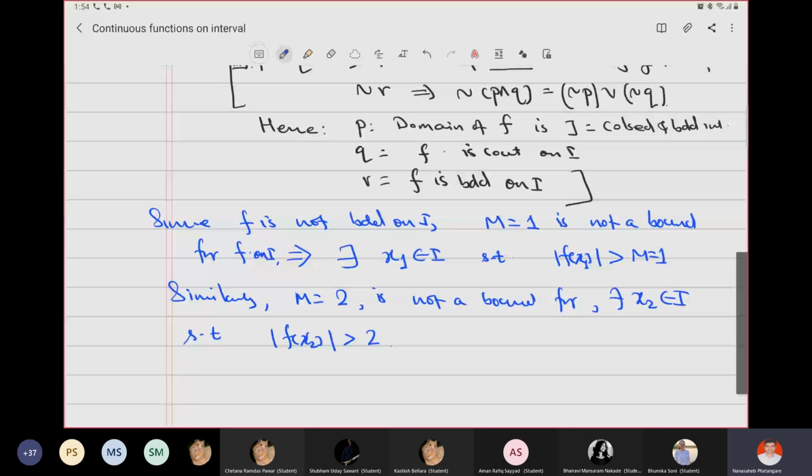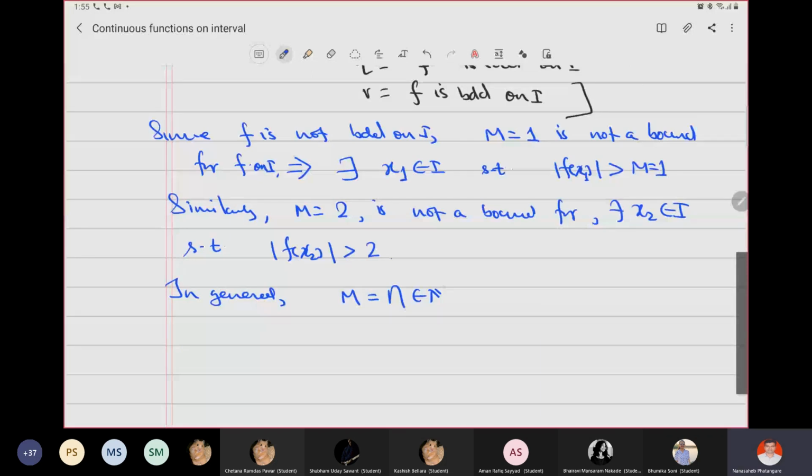So in general, M equal to n, whatever n you select, is not a bound for f on I, so there exists xn in I such that the absolute value of f(xn) is greater than n, right? And this is true for each n.